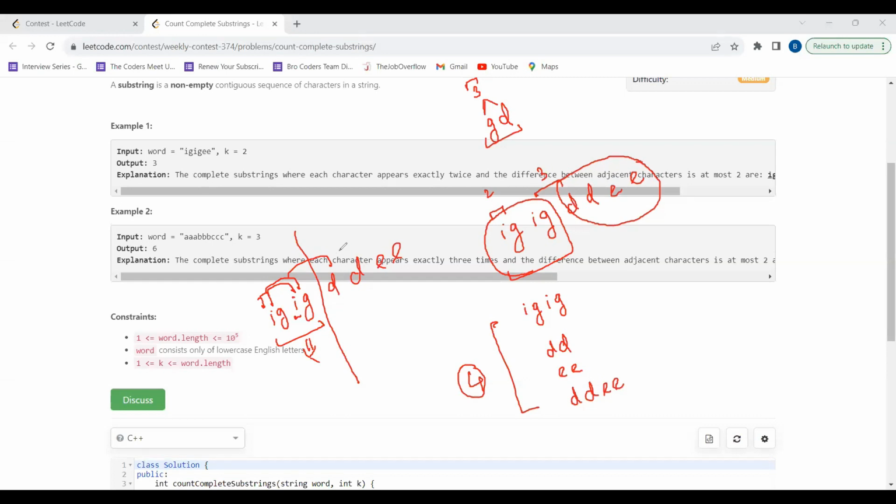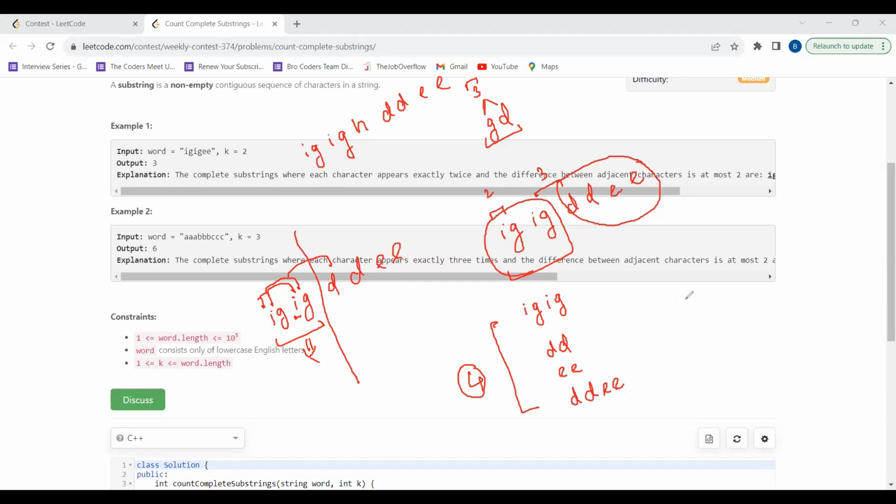I'm not saying that this is a complete substring. It may happen that we get something like IG, say we then get GH, then D. Let's take this example.